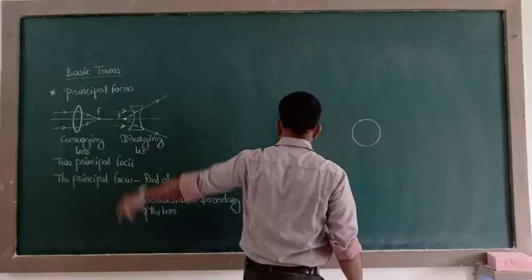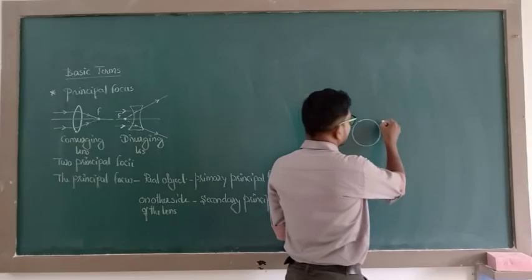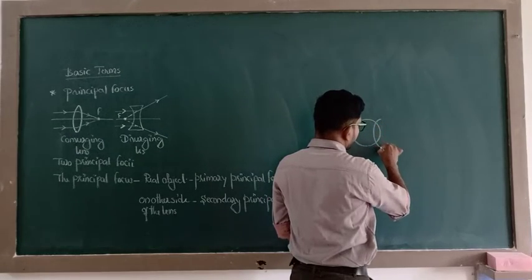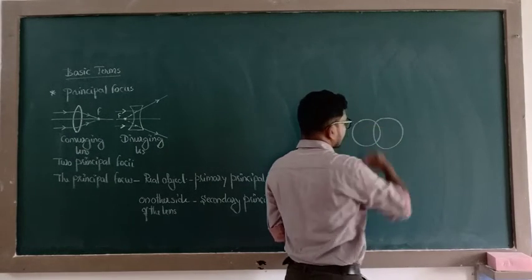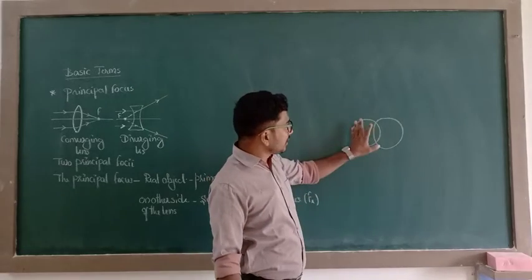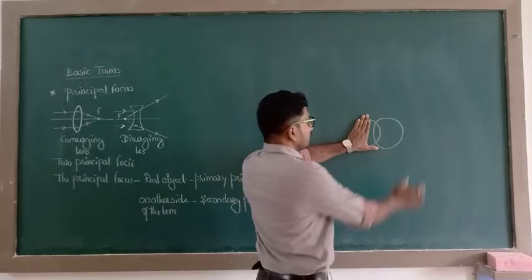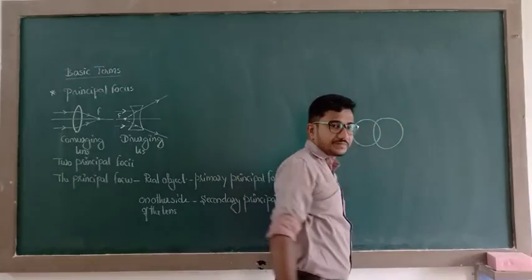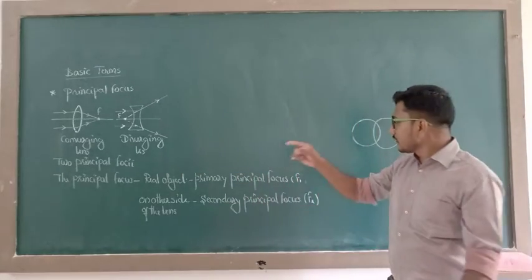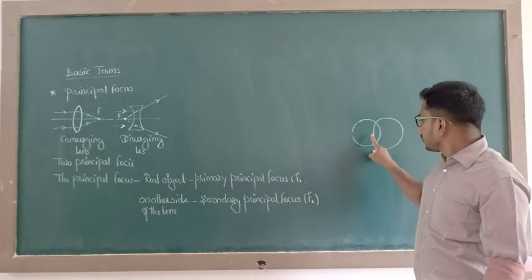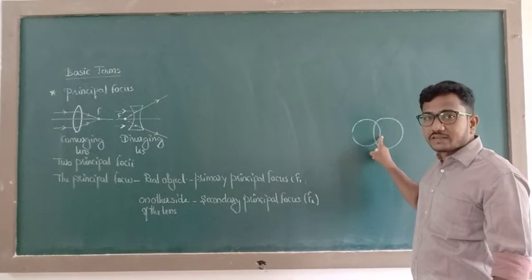By proceeding the second spherical surface, we will get an imaginary sphere like this. The combination of these two optical media gives a lens. That means in case of convex, it is bounded by two convex spherical surfaces.